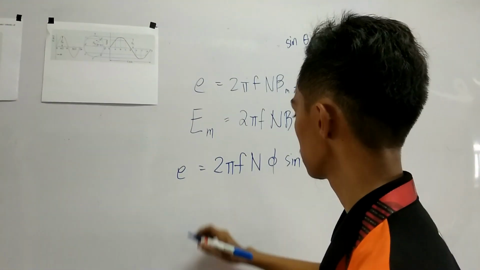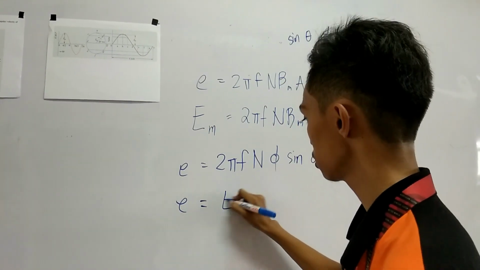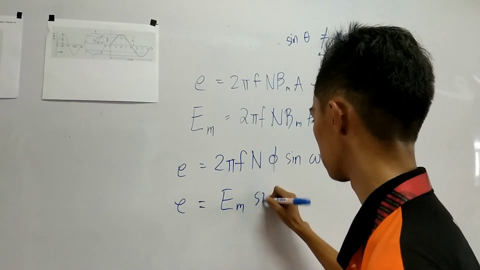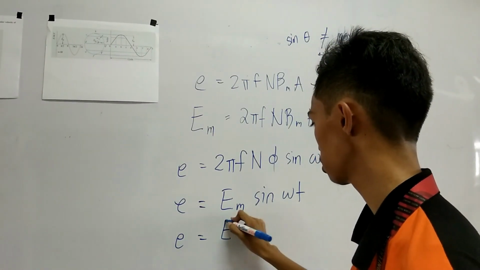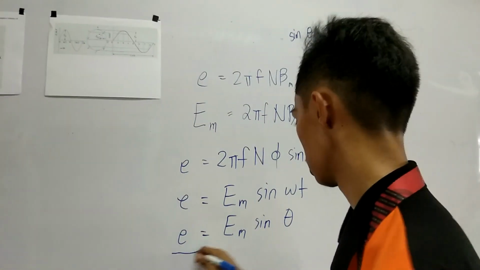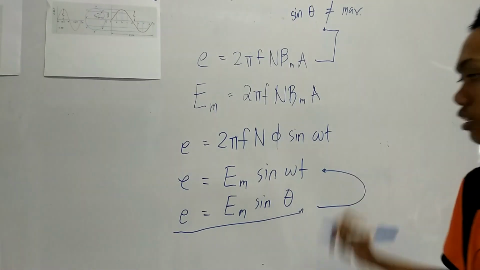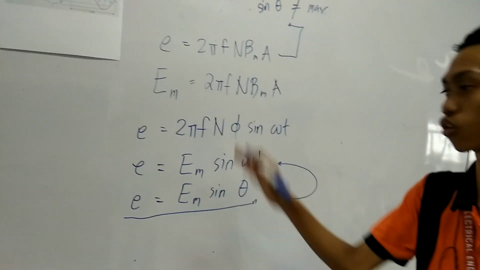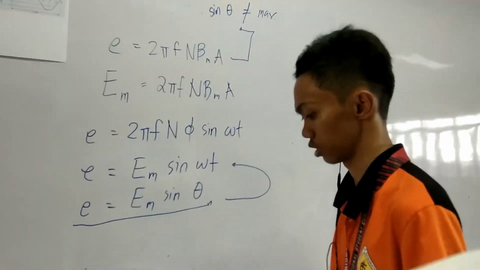So substituting this equation, E is equal to E sub m sine omega t, or E is equal to E sub m sine theta. So at any angular position of a coil, this is the equation for the induced voltage.